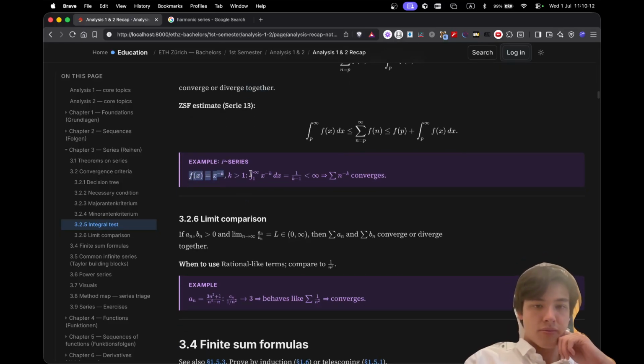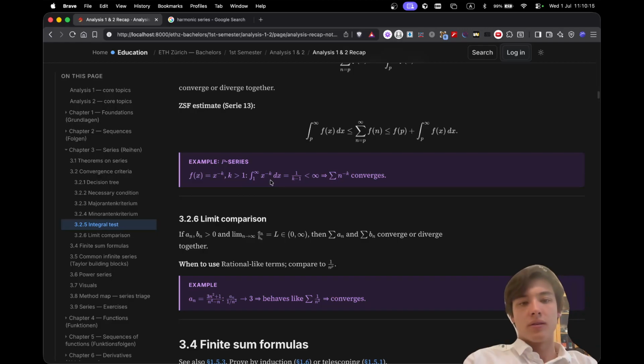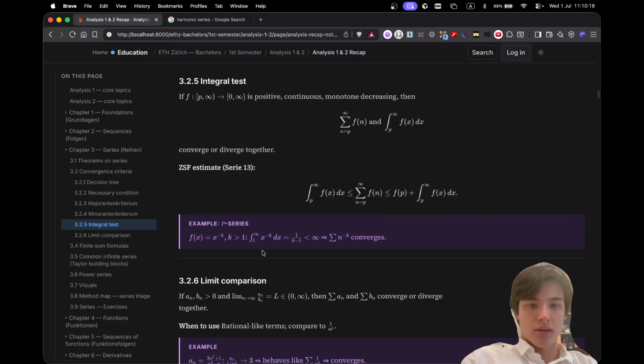We have to the power of minus k. Check the integral, and we see that we take -1, and we put in 1 to the power of something, it's still 1.